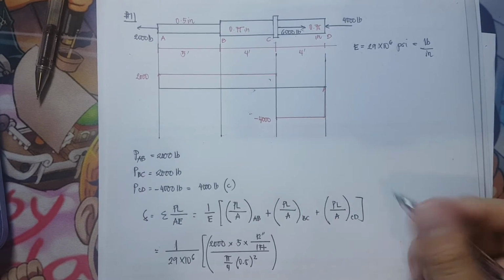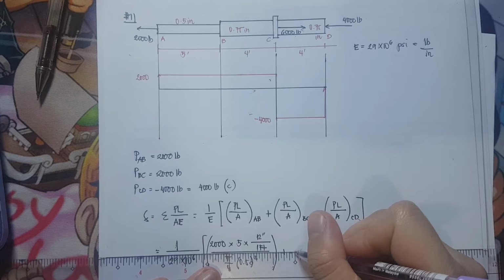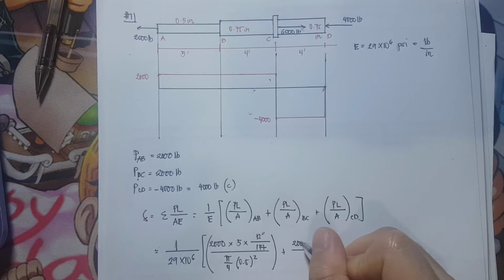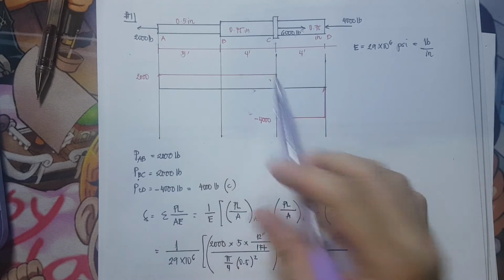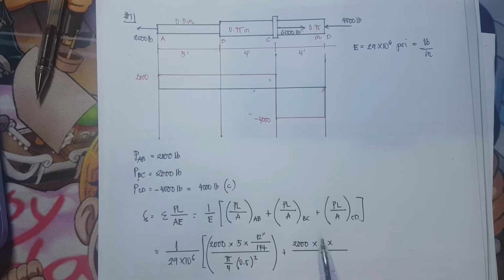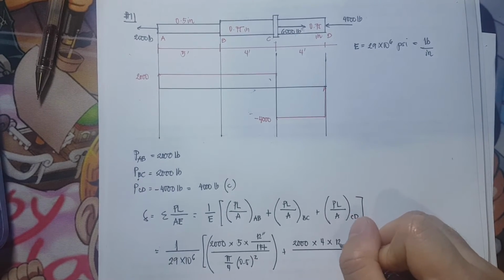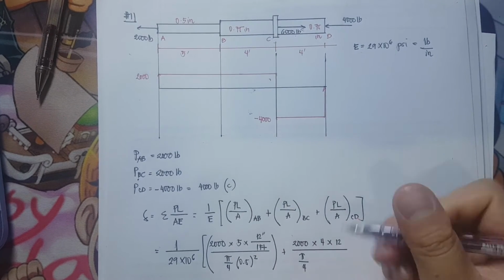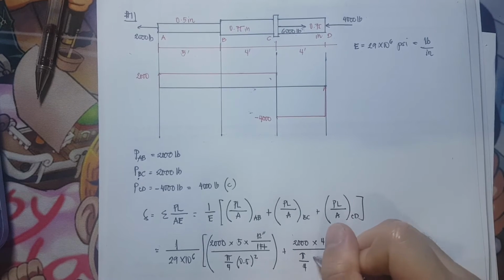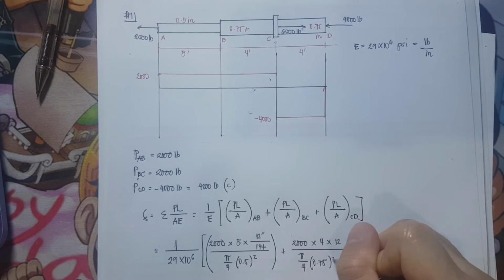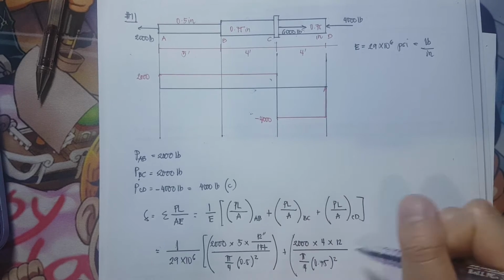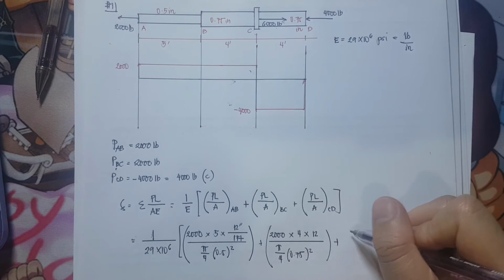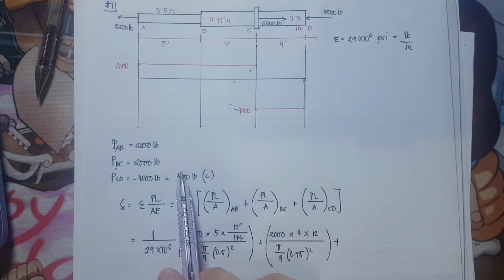So this is for segment AB, plus for segment BC we have, again, P is 2,000 times the length of 4 feet times 1 foot is equivalent to 12 inches, divided by the cross-sectional area, pi over 4 times 0.75 quantity squared. This is for segment BC, plus for segment CD we have P of negative 4,000.